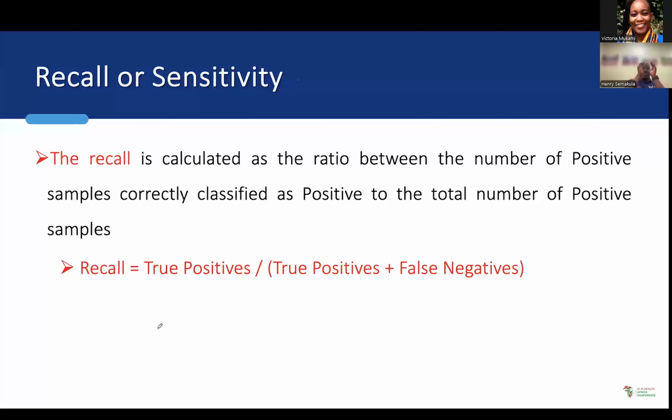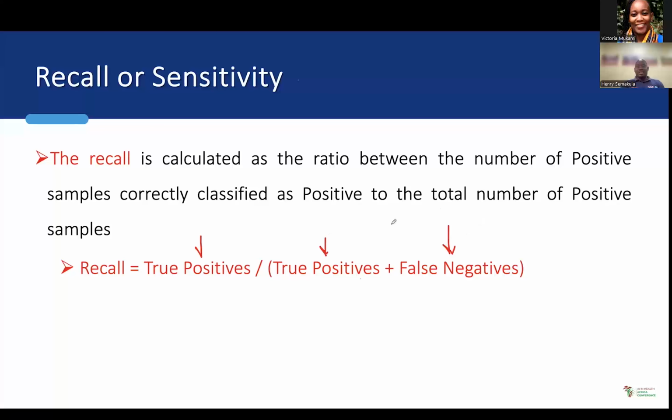It is given by the formula true positives divided by the summation of true positives plus false negatives.